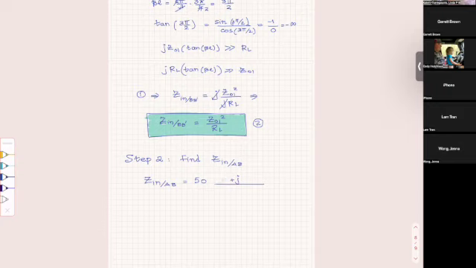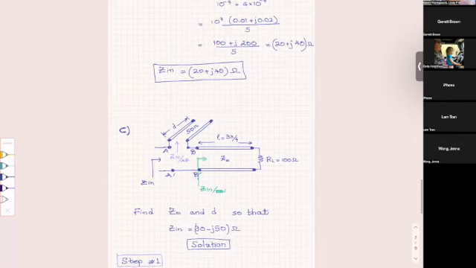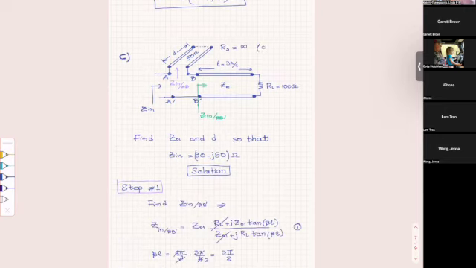Let's put, in fact, the load of the stub. Let's call it RS, which is infinity, because it's open circuit.